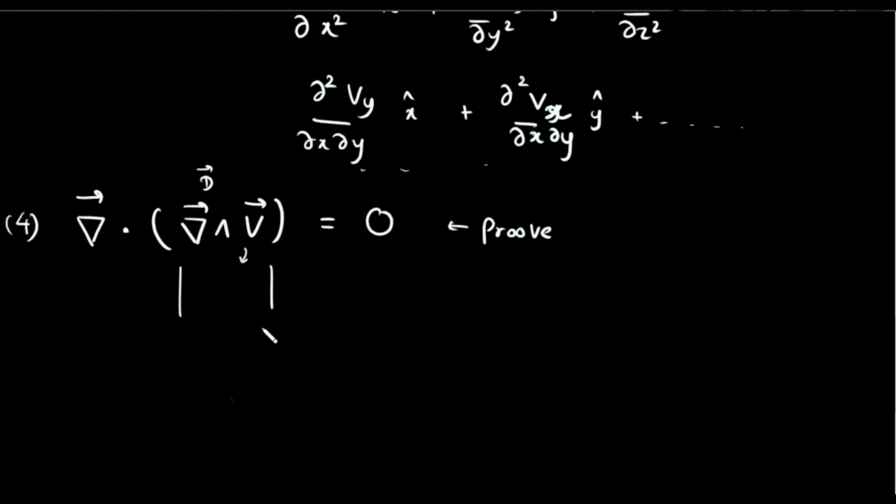So if this is going to be 0, that is, the divergence of a curl is going to be 0, that implies there should be a vector field v such that d equals del cross v.